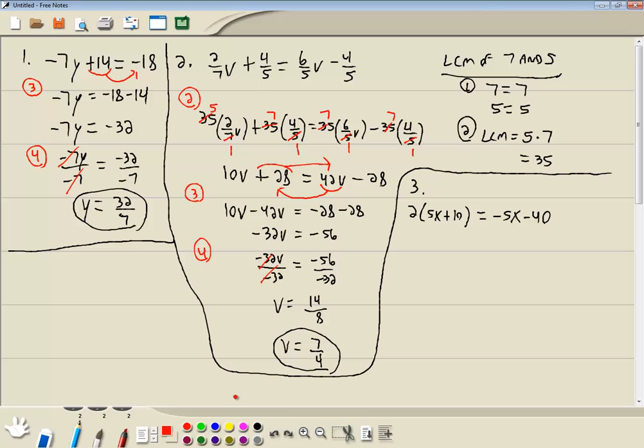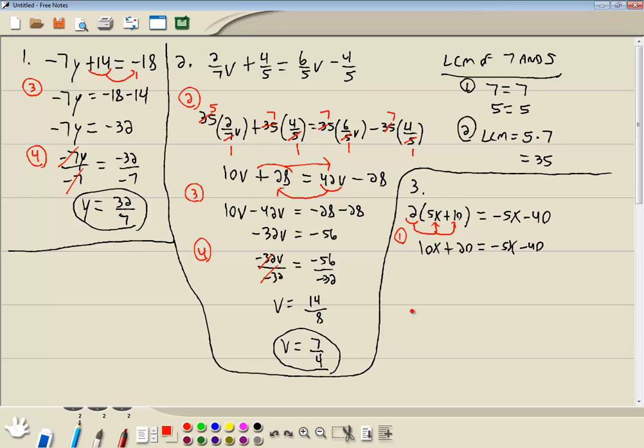Step 1. Get rid of parentheses. We do have parentheses in this one. So use the distributive property. I'm going to take the 2 and multiply through. Multiply times the 5x and multiply times the 10. 2 times 5x gives me 10x. 2 times 10 gives me 20. It equals negative 5x minus 40.